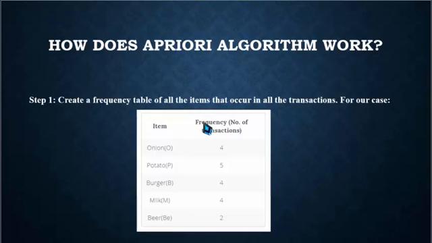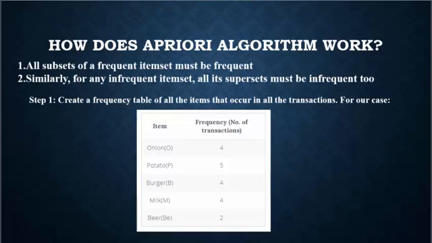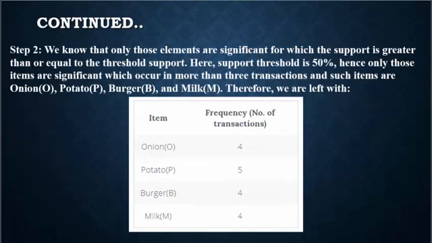The frequency is the number of transactions in which each appears: 4 times, 5 times, burger 4 times, and beer 2 times. In the Apriori algorithm, all subsets of frequent items must be frequent. Similarly, for any infrequent item sets, all its supersets must be infrequent too.